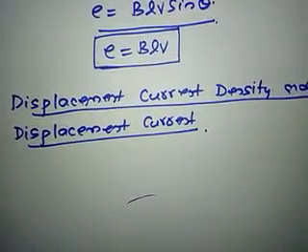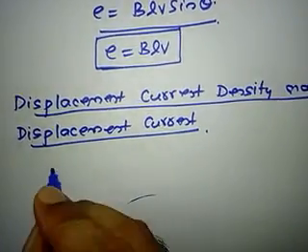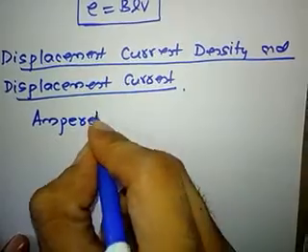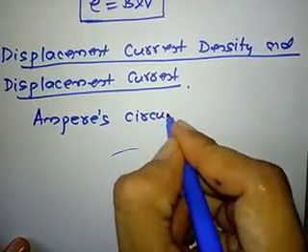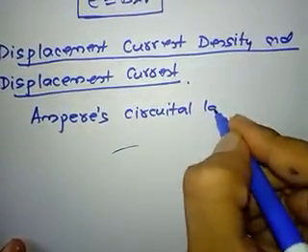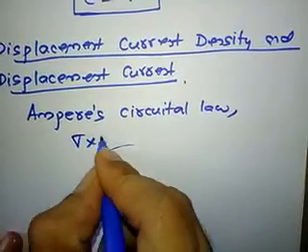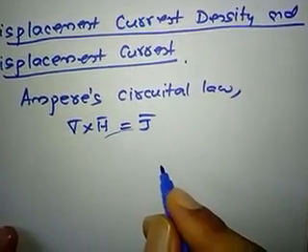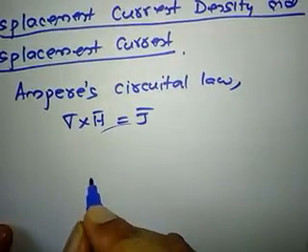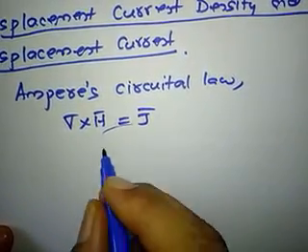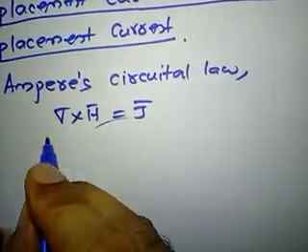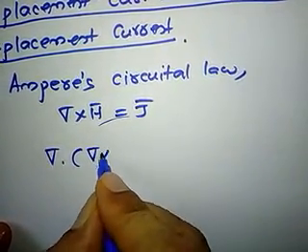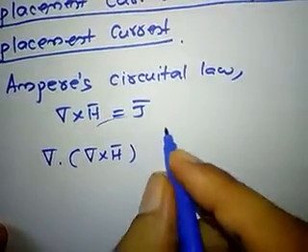For the static electromagnetic fields, according to Ampere's circuital law, we know that del cross H bar is equal to J bar. This is Ampere's circuital law. If we consider the vector identity, then we have divergence of the curl, that is del dot del cross H bar, of any vector field.